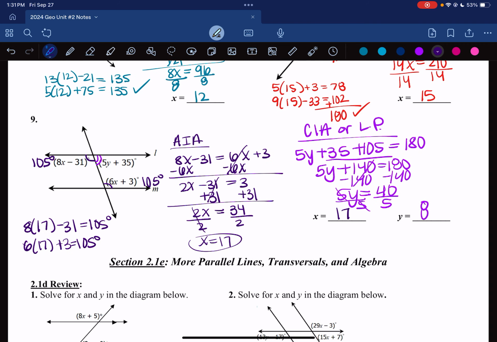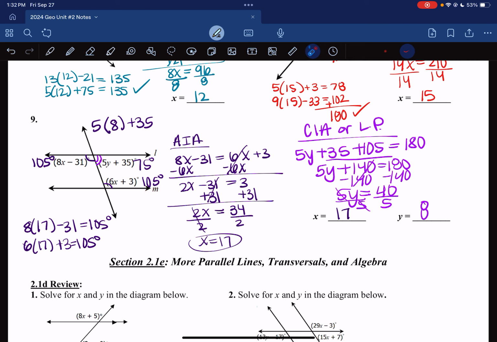So if we plug in 5 times 8 plus 35, that would give me 75 degrees. And if we put that down here, let's double check. Does this make sense? Our two angles across from each other are both 105.